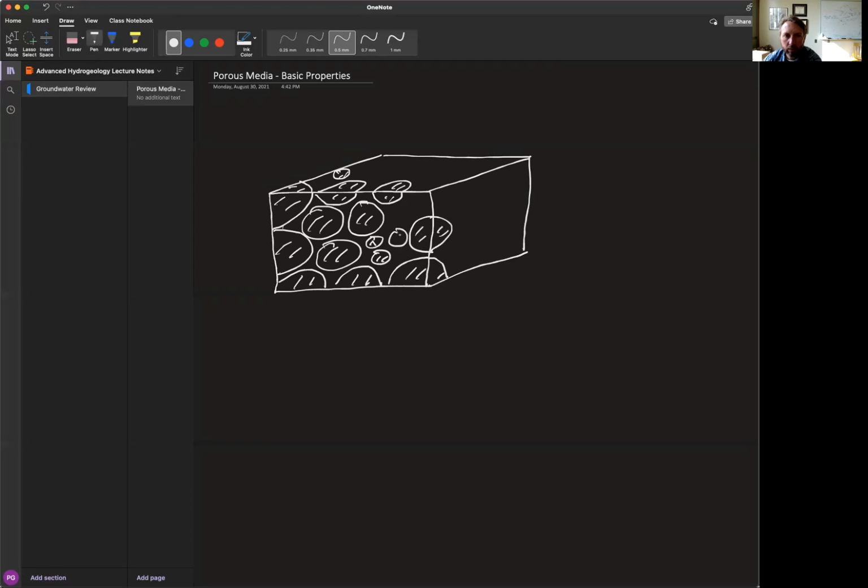And that sorting and the grain size have important control on the properties of the porous media. I'm just going to continue filling out my cube here with sediment grains. And in a perfect world, they wouldn't overlap. I'll try to keep them from doing that.